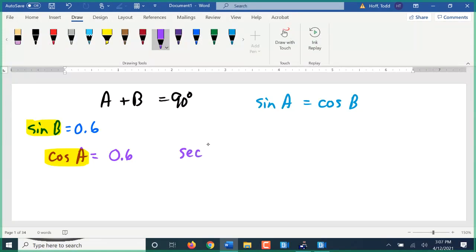What's the secant of angle A have to be? Secant of angle A is the reciprocal of the cosine of angle A. Cosine of A is 0.6, so it's 1 divided by 0.6.